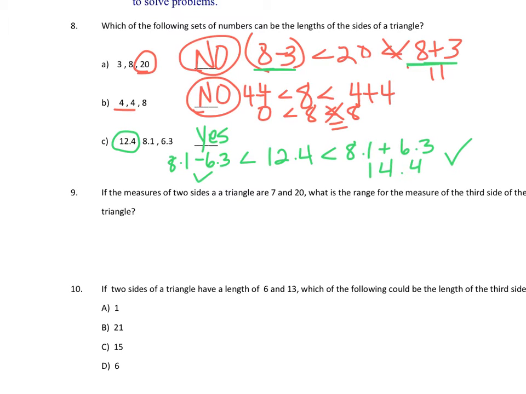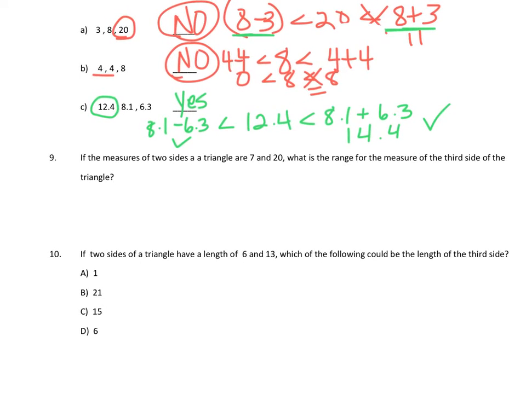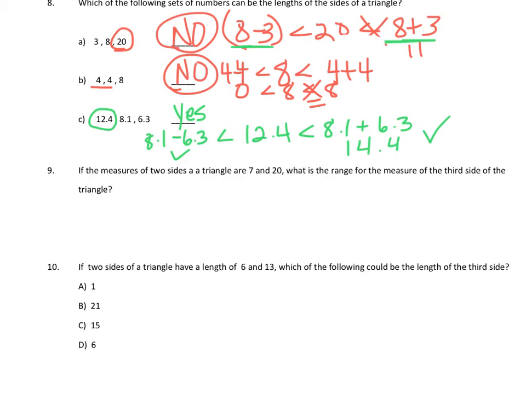Okay, if the measures of two sides of a triangle are 7 and 20, what is the range for the measure of the third side? Well, this is when we subtract. We have 20 minus 7. You always want to have a positive number, so take the bigger one minus the smaller one.